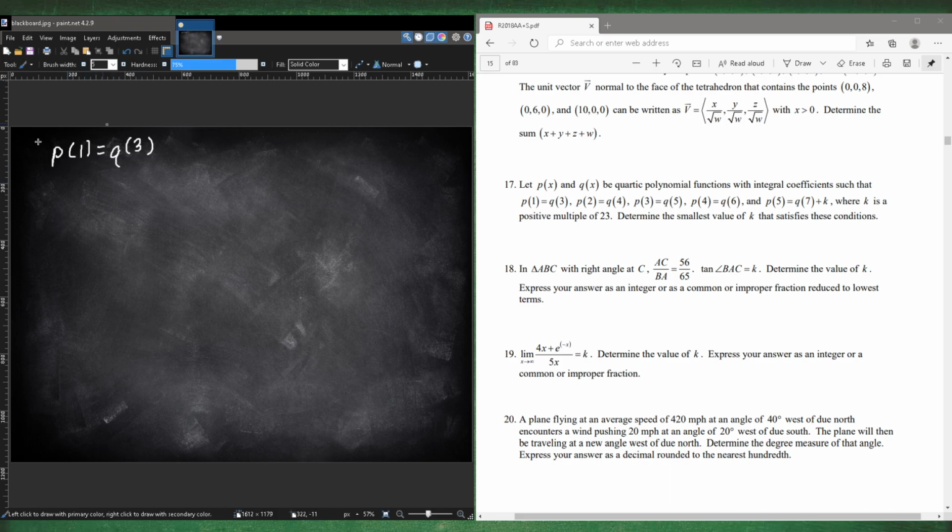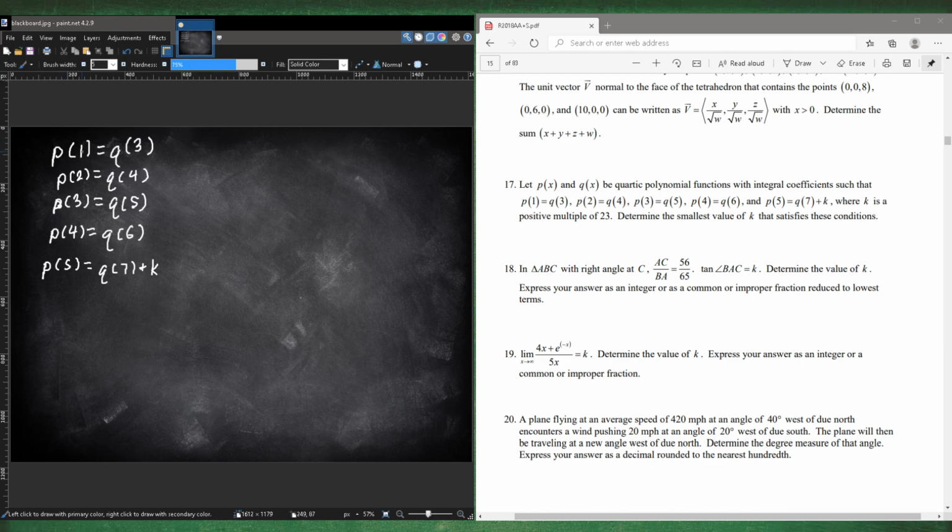So P of 1 equals Q of 3, P of 2 equals Q of 4, P of 3 equals Q of 5, P of 4 equals Q of 6, and P of 5 equals Q of 7 plus K, where K is a multiple of 23. Determine the smallest value of K.